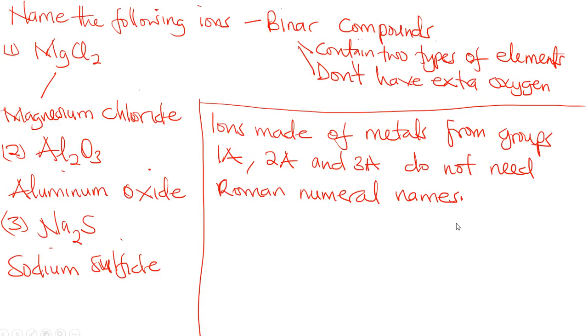But if you have metals that are not from these groups, you can see here magnesium is from group 2A, aluminum is from group 3A. Sodium is from group 1A. That's why I didn't put any Roman numerals in between them.